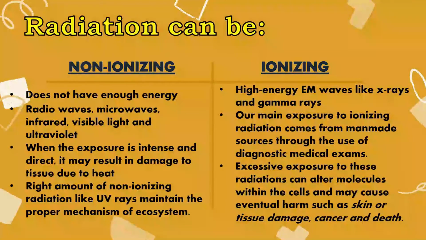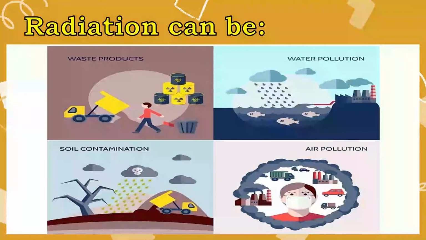Excessive exposure to this radiation can alter molecules within the cells and may cause eventual harm such as skin or tissue damage, cancer, and death. When handled improperly, radioactive pollution may occur, where the air, soil, and water will be contaminated. This pollution may eventually make its way up the food chain, where all forms of life may be affected.